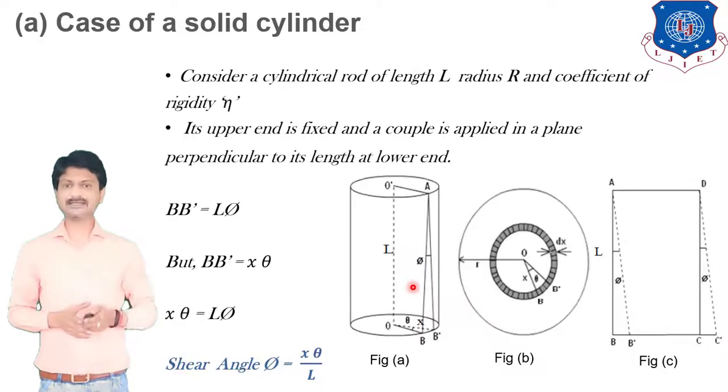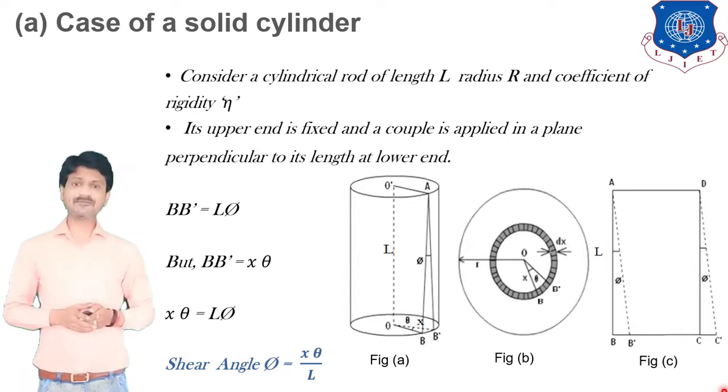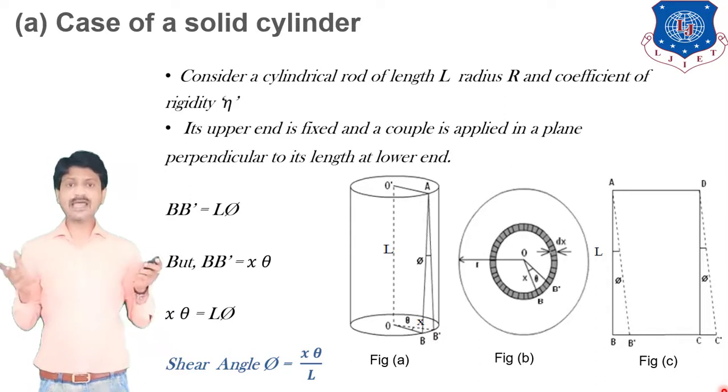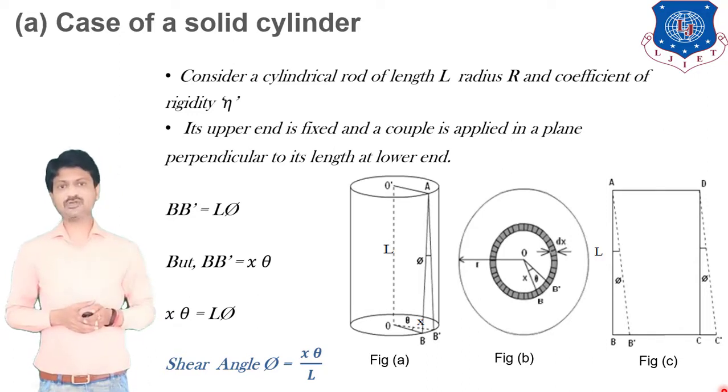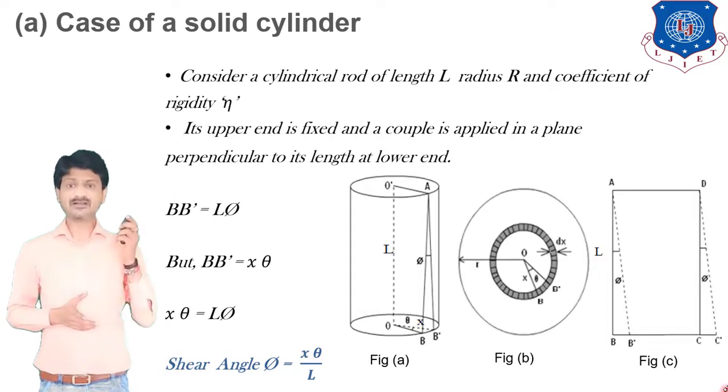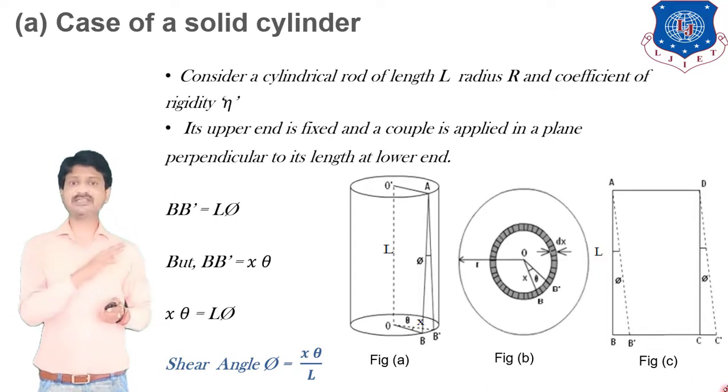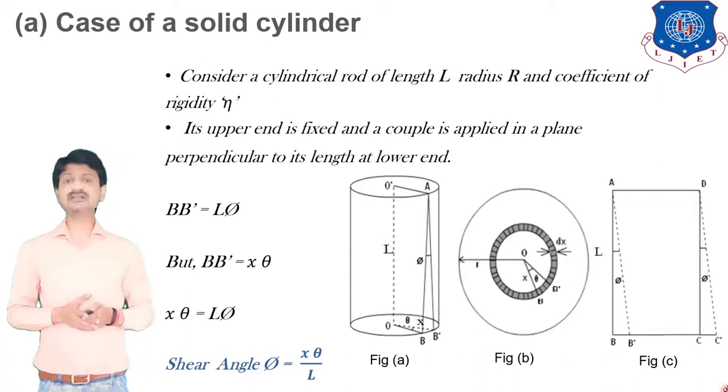Now, due to the elasticity of the material of the cylinder, a restoring couple tending to oppose the applied couple is set up in such a way that the two balance each other in the equilibrium position. So here we can say that a restoring couple is produced, set up in such a way that it opposes the applied couple.